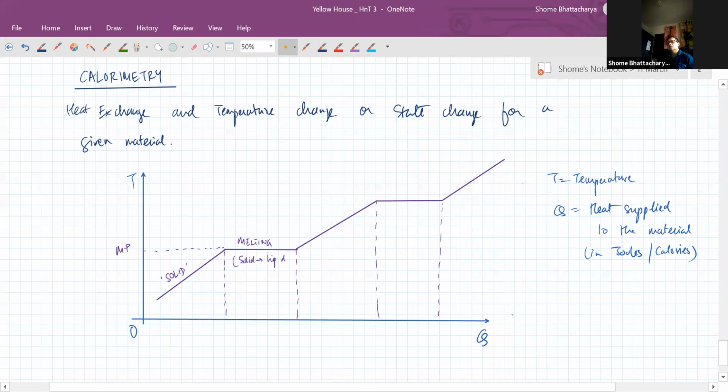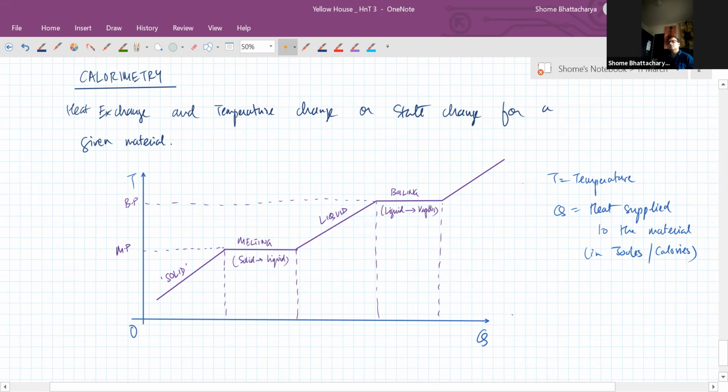Then once all the solid is converted to liquid, again the temperature starts to rise as we supply heat till we reach another specific temperature called the boiling point, where boiling starts occurring, which is a state change from liquid state to vapor state.